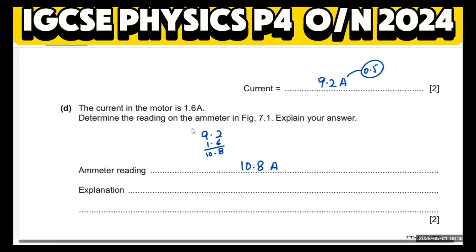Because we know that current is divided. So the total current is the sum of the current of each path, because the parallel circuit has more than one path for the current to flow. So this is the complete answer.